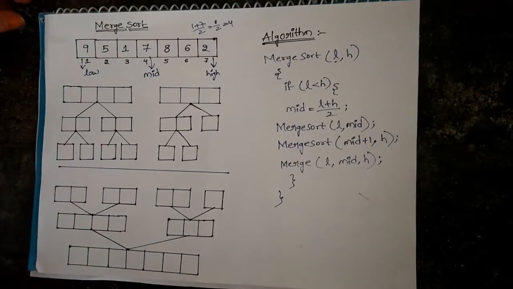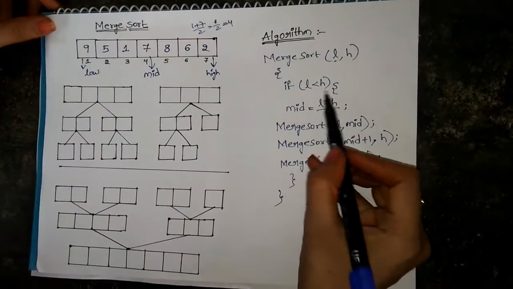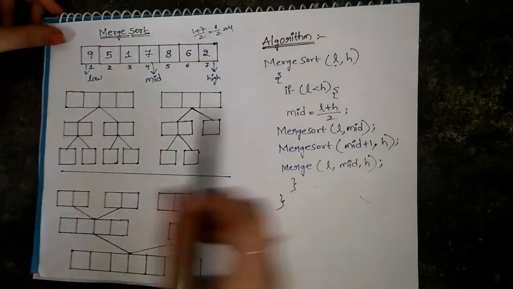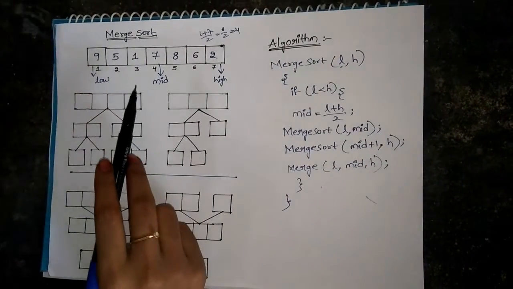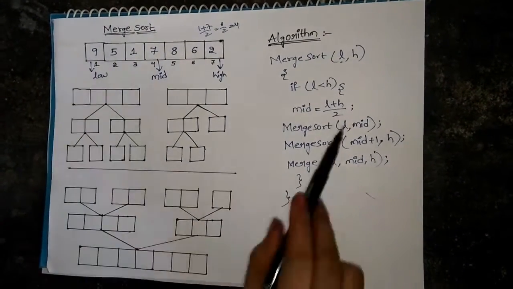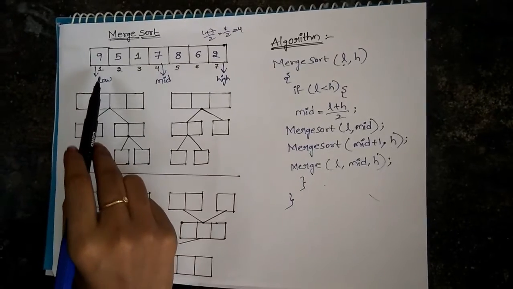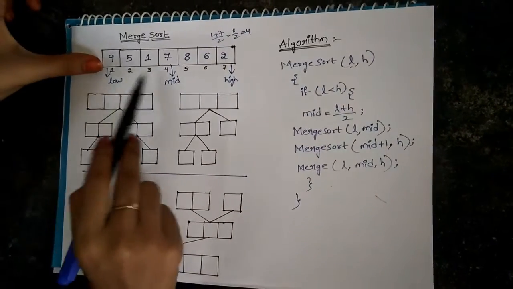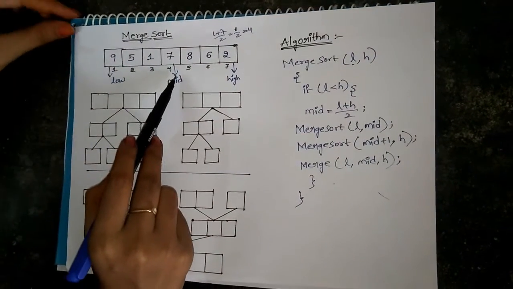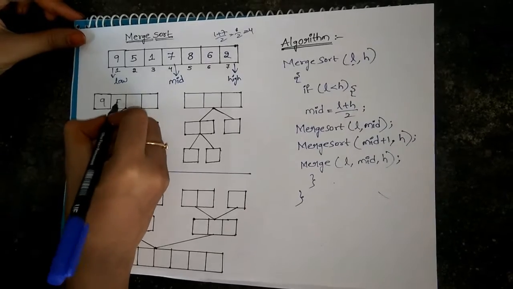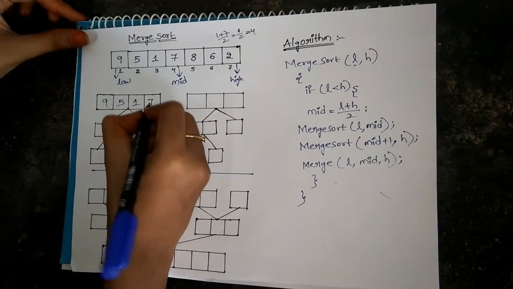Check the condition. L is less than H and we got mid value at 4. Then perform merge sort L, mid. Take the subarray L to mid, that is 9, 5, 1 and 7.